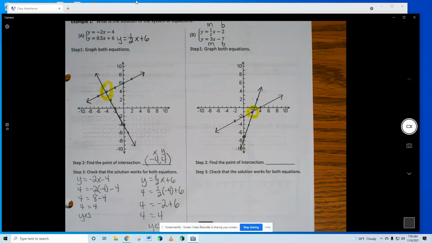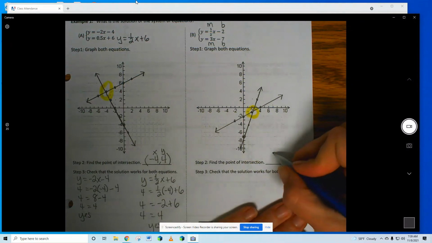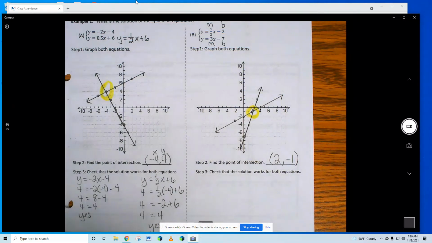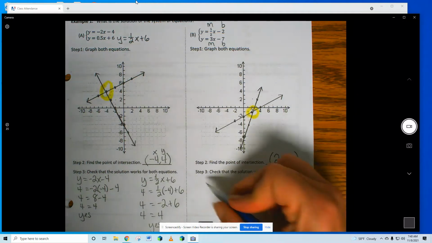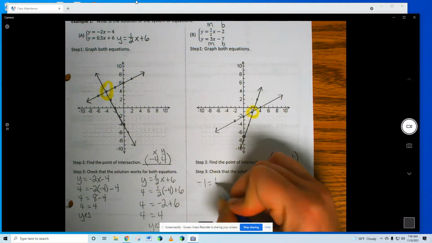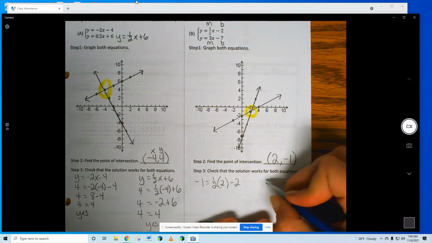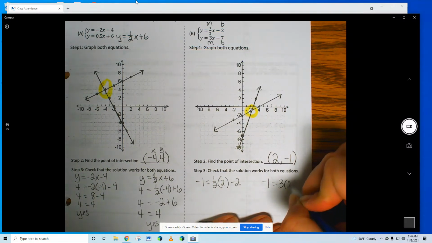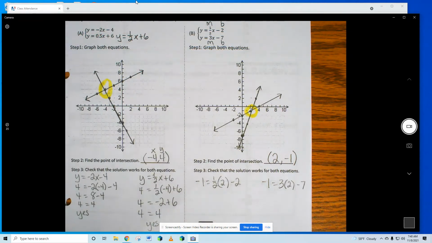No. Two, negative 1. Do you agree? I'm not going to check it. I mean, if I really wanted to, I would do 1/2 times 2 minus 2. That's what you would do, but I'm not, just due to time purposes, you know. You would plug it in, plug it in.